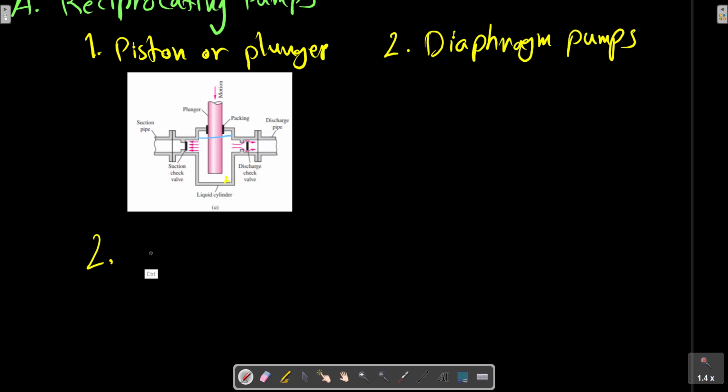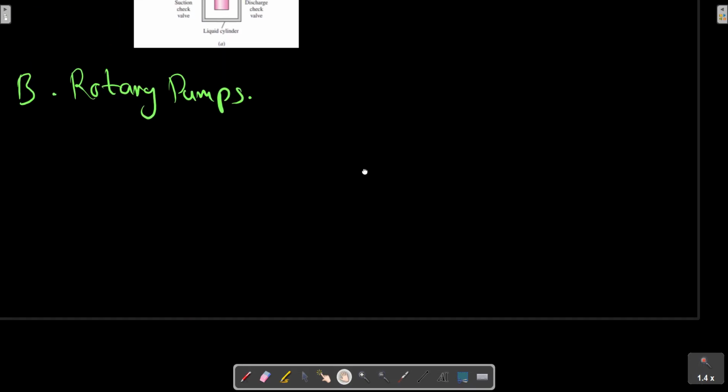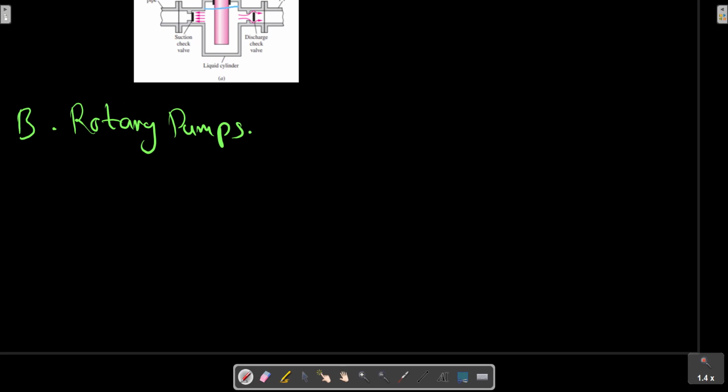Part B is rotary pump. Two main types of pump are in this category.